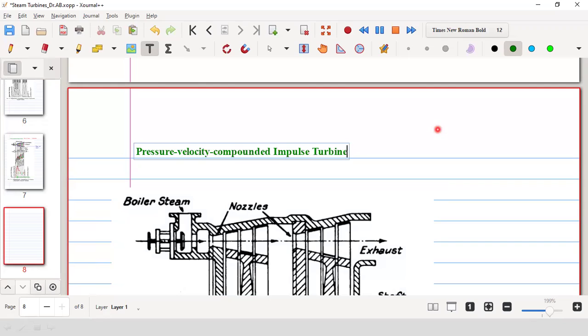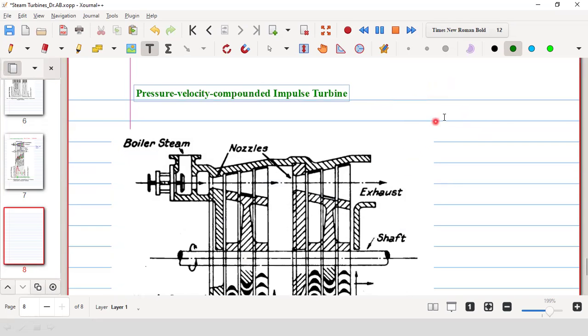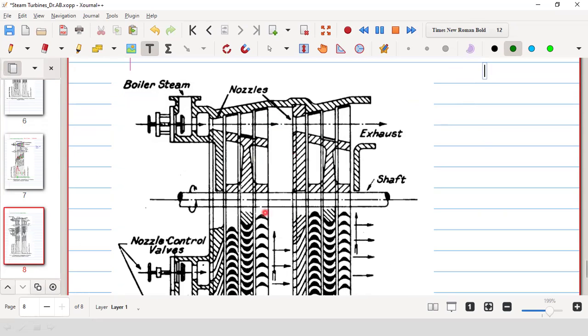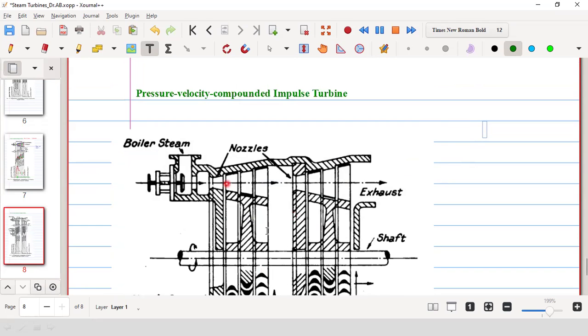Why it is done basically, as I told you, is that two row wheels are more efficient than three row wheels. So here you see that in the first velocity compounded stage, we are using a two row wheel, and again there is a further pressure reduction by using a nozzle here.